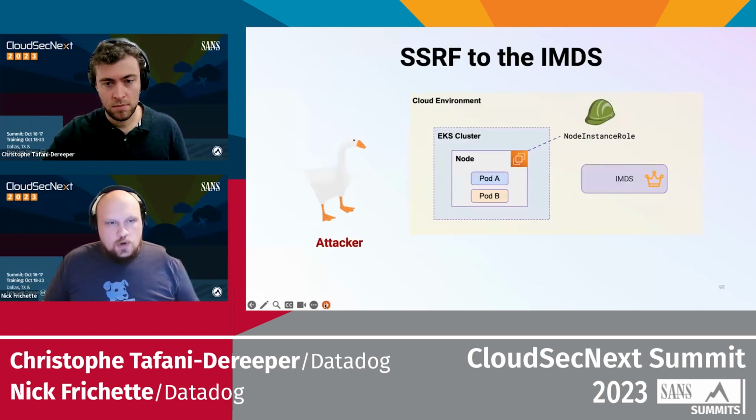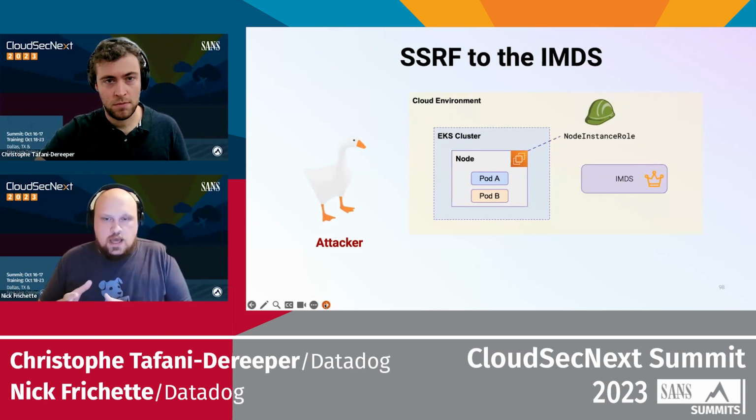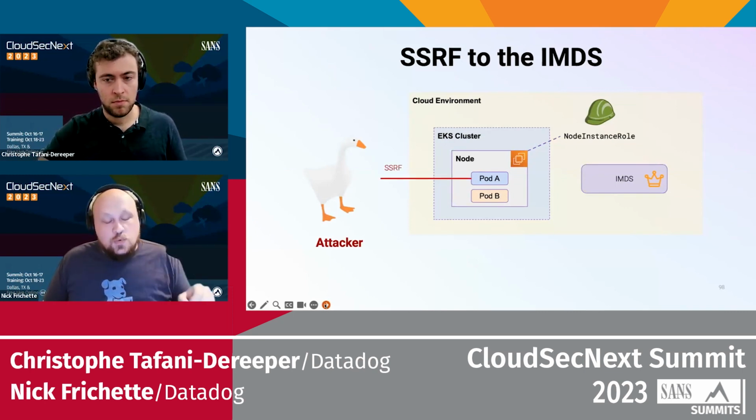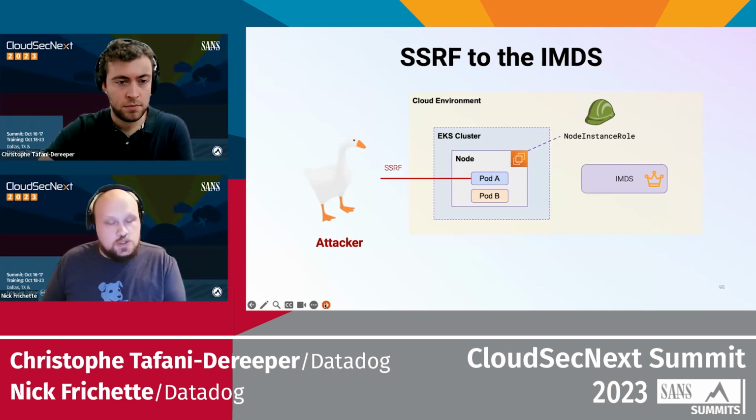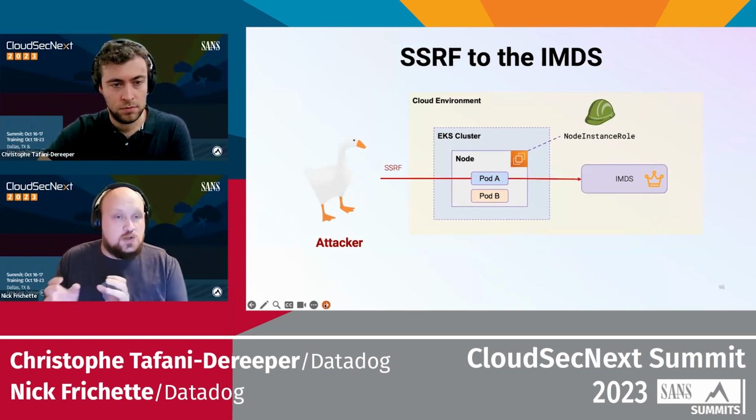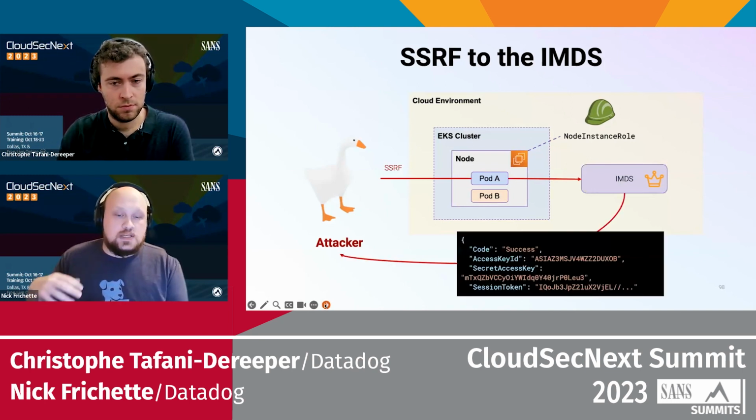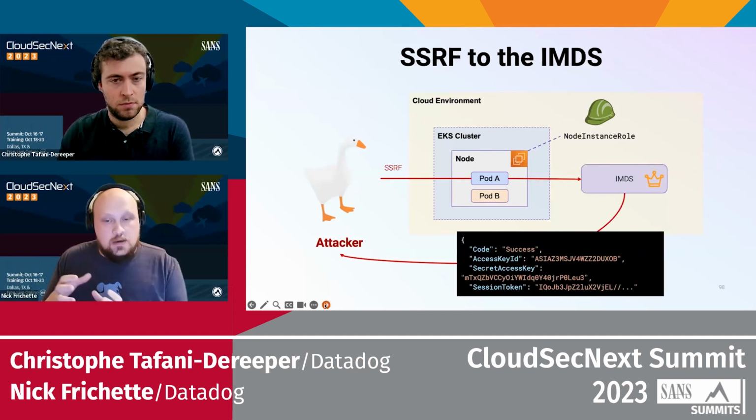Now, in a cloud context, this has a particularly important outcome. By that, we mean that if we can exploit a server-side request vulnerability running on a pod in a Kubernetes cluster, we may be able to make an outbound HTTP request to the instance metadata service of the underlying EKS node. And from there, we could potentially extract the IAM credentials associated with that identity.